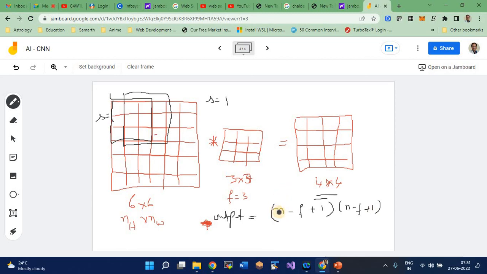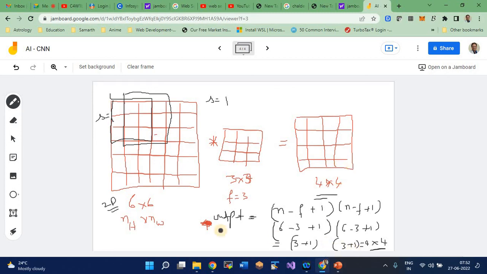What is n here? 6 minus 3 plus 1 into 6 minus 3 plus 1, which is equal to 3 plus 1 into 3 plus 1, which is 4 by 4. That's what you got. This is again 2D which I am talking about, a two-dimensional image pixel, and you can think of it as a grayscale, black and white 6 by 6 pixel. When you go through a filter of 3 by 3, you got a 4 by 4.